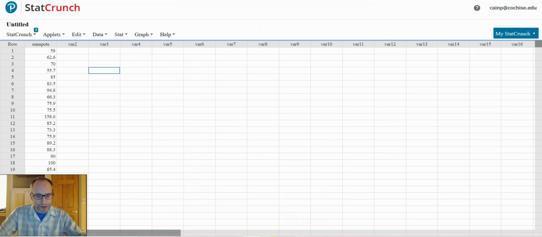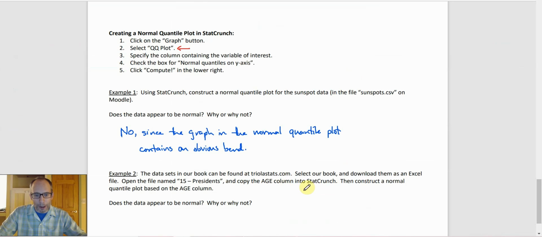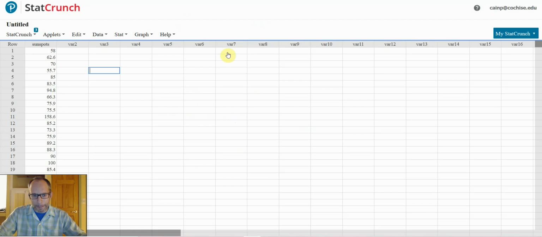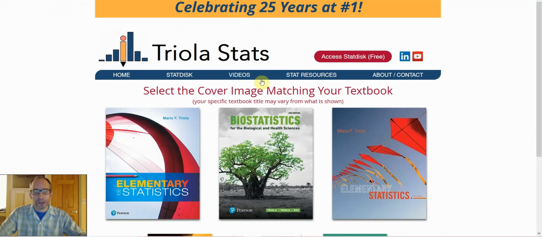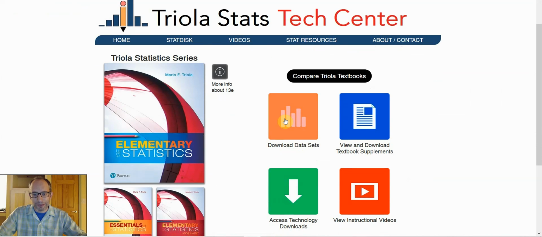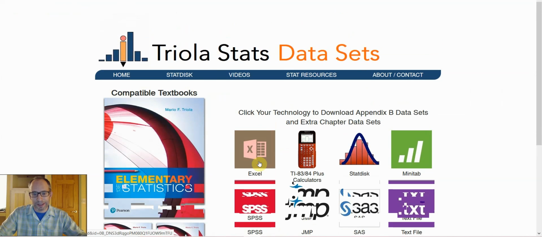The second one, which if I go back to it, there are data sets that go along with our book. So I can show you where they are. Let's see, that's why I have this open. So there's our book right there. I don't know how they suddenly got to the 13th edition, but they did, because ours is the 6th. But if you go there, and then if you go to download data sets, and then Excel, they're going to show up.